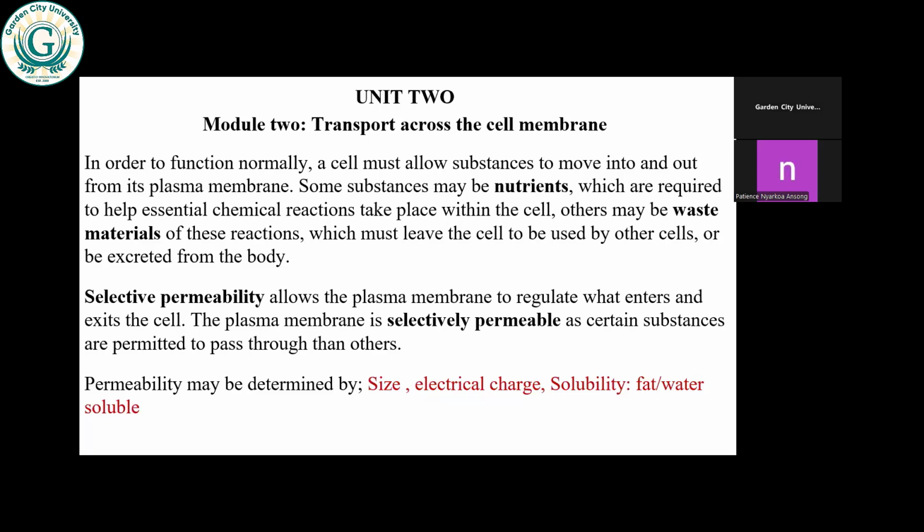That's not the transport we'll be talking about. This transport is across the cell membrane. So last week I mentioned that almost all functions that we'll be talking about, it starts from the cell, since that's where life begins from.